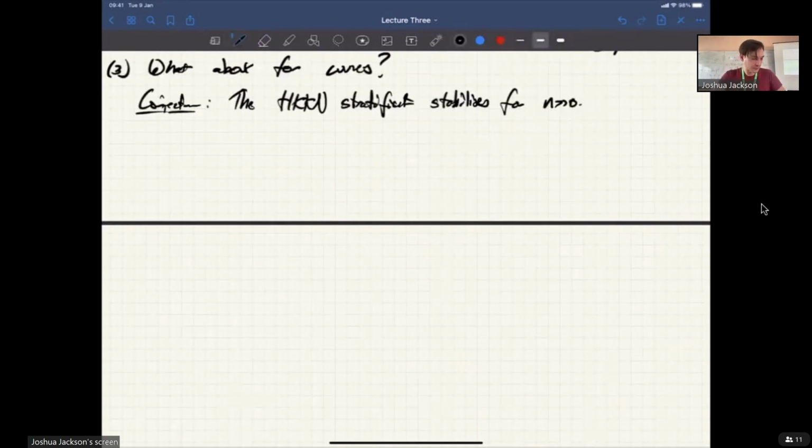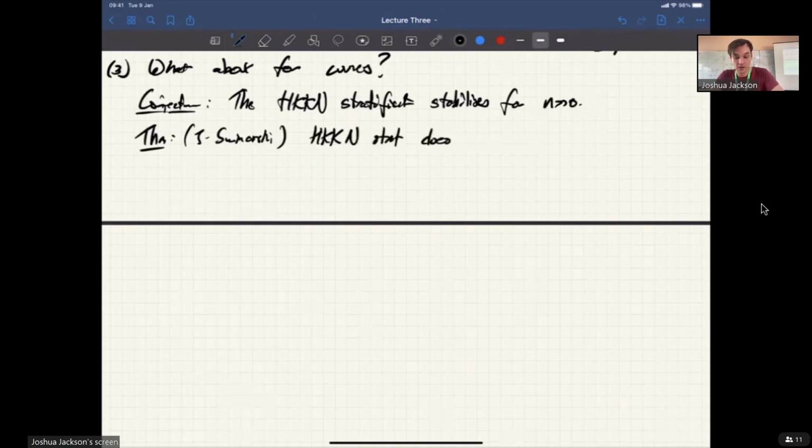Right? Okay, and then one result that I can give you, which is something I did with Dave Swinarski, is that the HKKN stratification does stabilize in the following very special case.